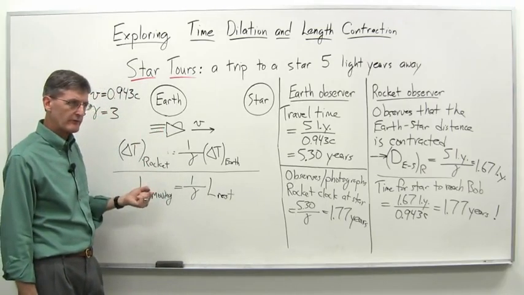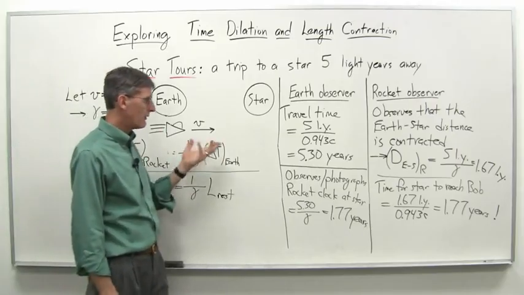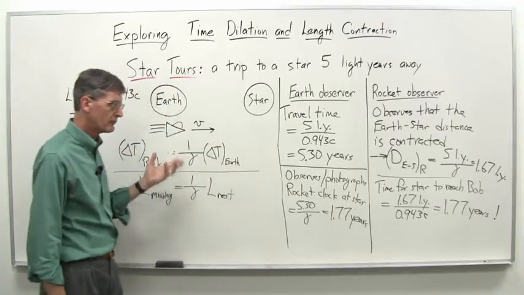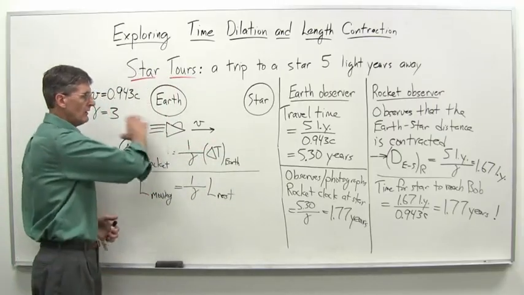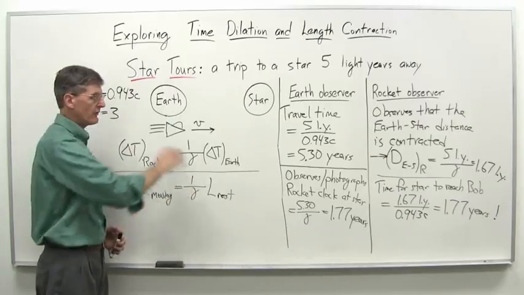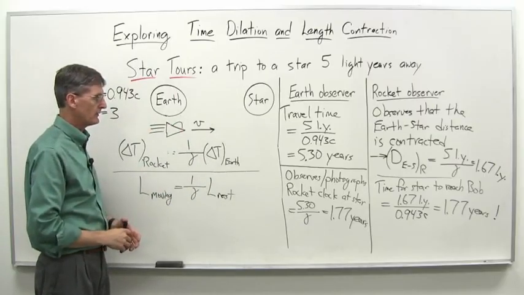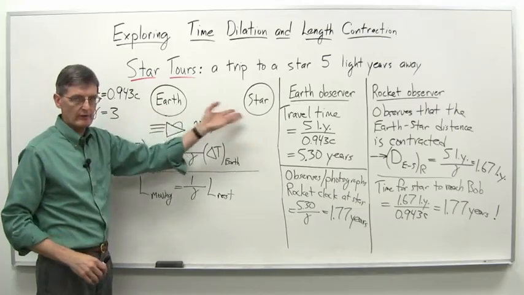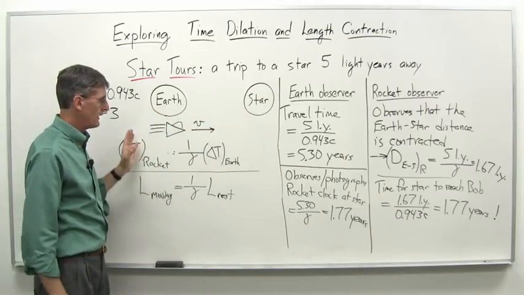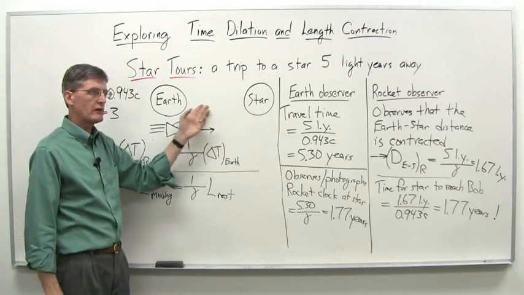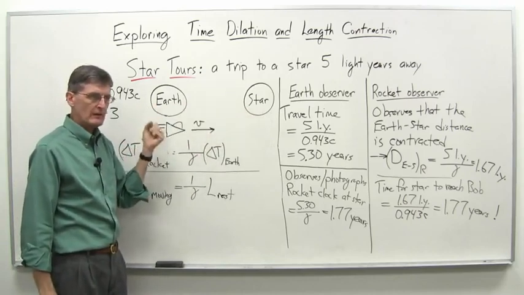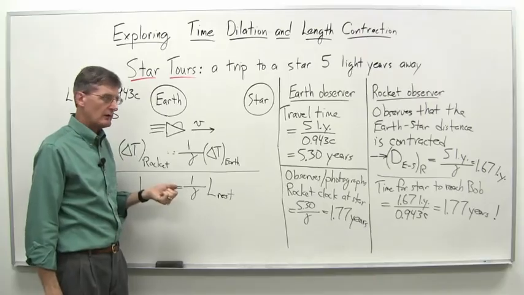But let's think about something here. Let's go back to Bob's frame of reference, and he's observing Alice's lattice of clocks, the Earth star lattice of clocks. You can imagine a whole bunch of them there, all synchronized for Alice. But as Bob is observing that lattice of clocks go by, let's think about this a minute.